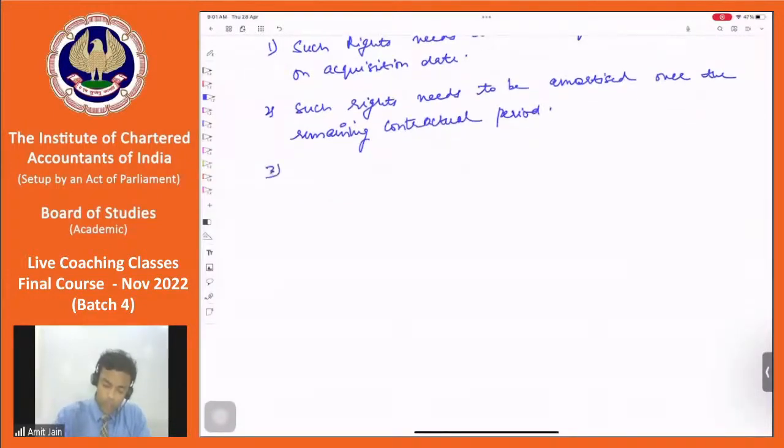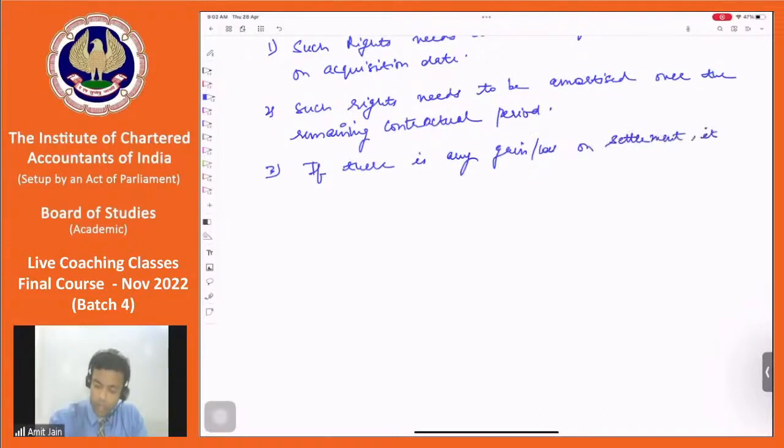Third point is, if there is any gain or loss on settlement, it will be charged to P&L. Right? It will be charged to P&L.